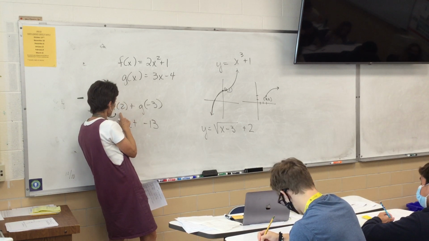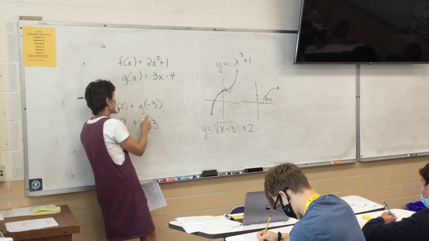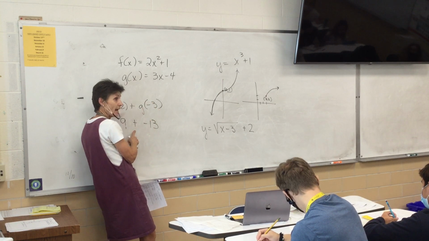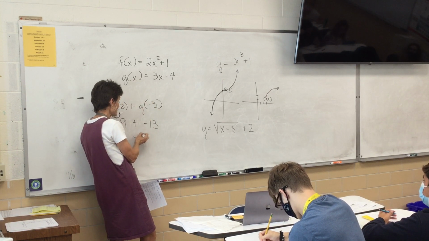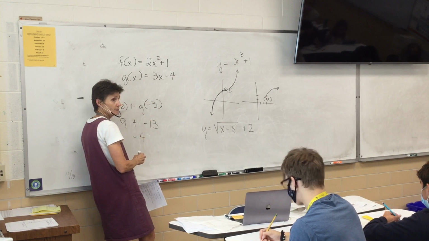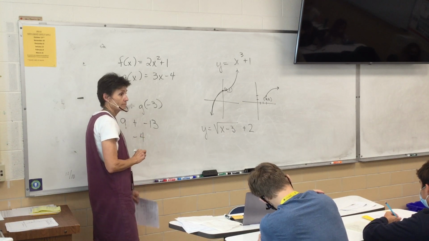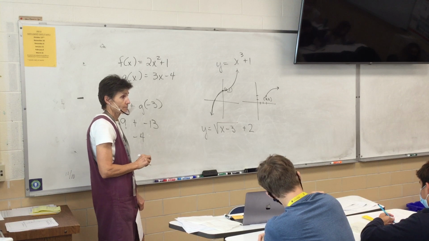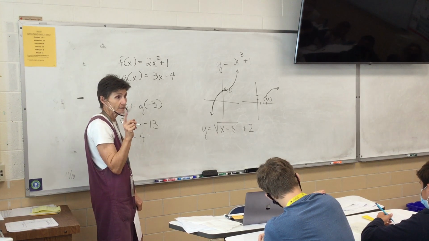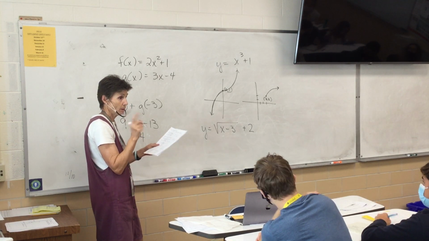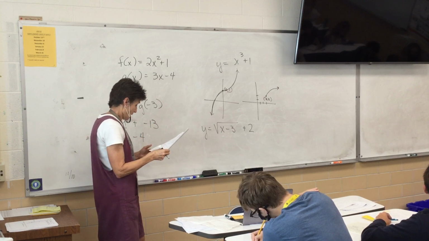So the problem says figure out f of 2, figure out g of negative 3, and then add them. So the answer would be negative 4. Everybody got it? That's easy, right?